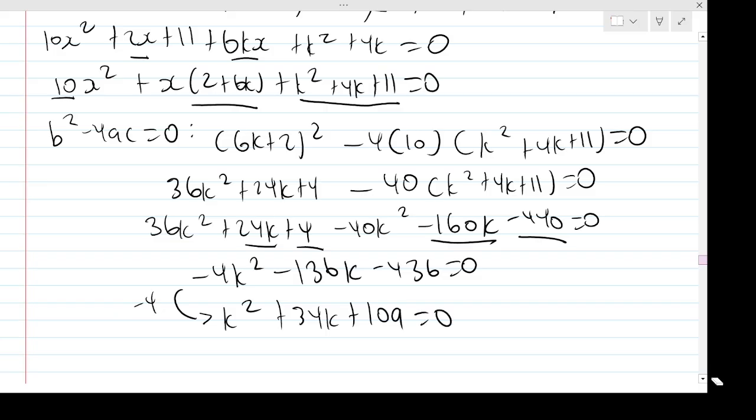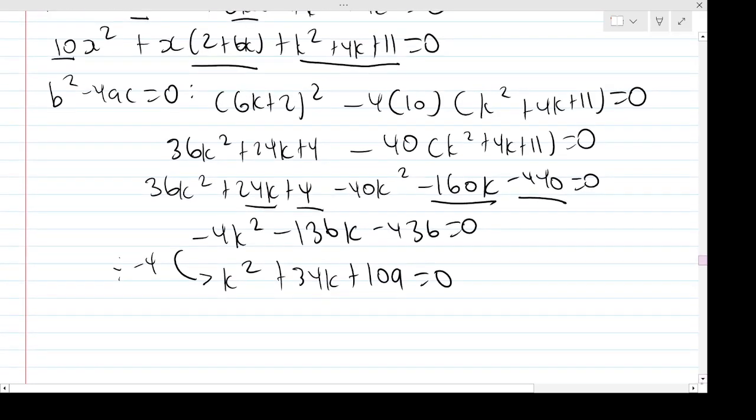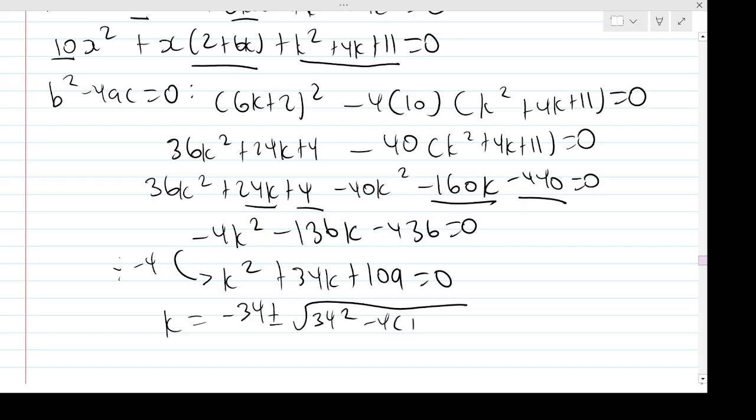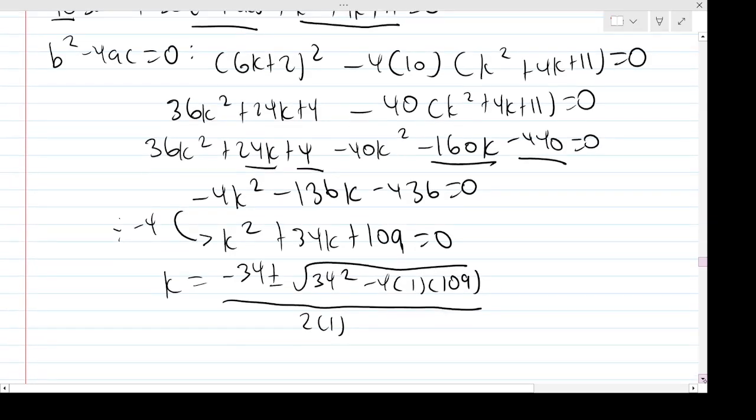Okay, cool. Well then I'm going to solve by the formula. They're quite big numbers to do it any other way. I'll just use the formula, nice and easy. So that being minus 34 plus or minus the square root of 34 squared, minus 4 lots of a, which is 1, and 109, over 2 lots of 1, and that'll give me my 2 solutions for k.